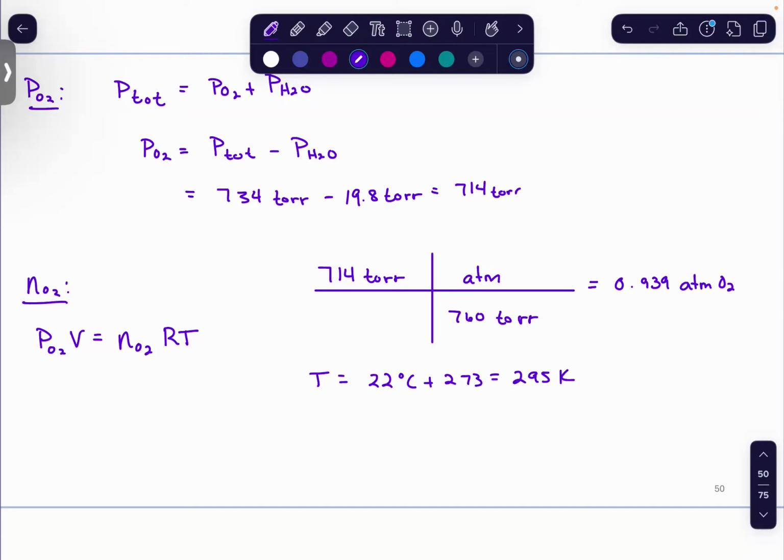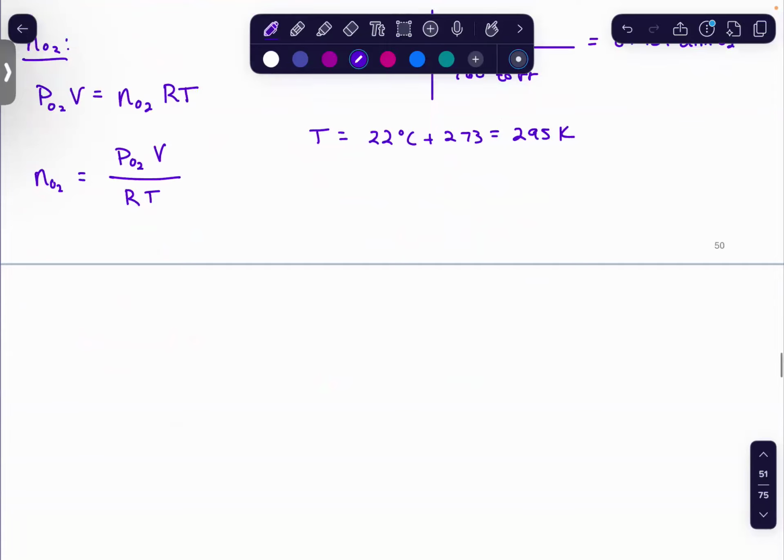Kelvin. Okay, so we're looking for specifically moles of O2. So if we rearrange our gas equation, moles of O2 equals partial pressure of O2 times volume over RT. And now we can plug in numbers. Okay, so R is 0.08206 liter atmospheres per mole kelvin. Our temperature is 295 Kelvin.